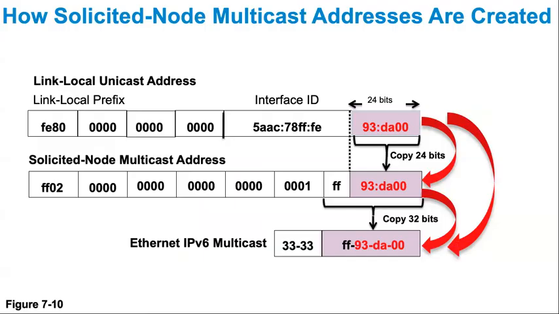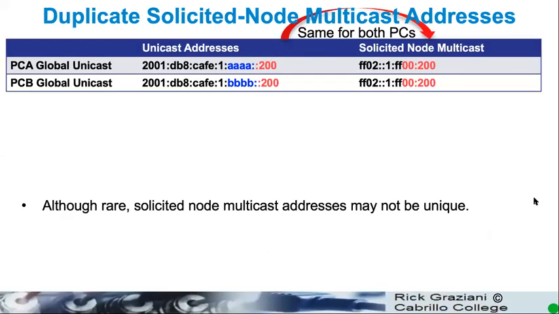All right, so we saw how it's created. We saw that every device has the following. For every unicast address, here I'm showing a link local address, the device assigns a solicited node multicast and also maps it to a destination MAC address, or an Ethernet MAC address. Let's see how this all works.